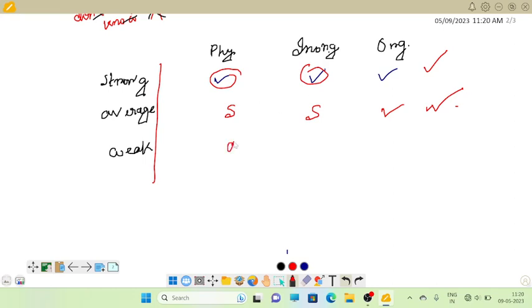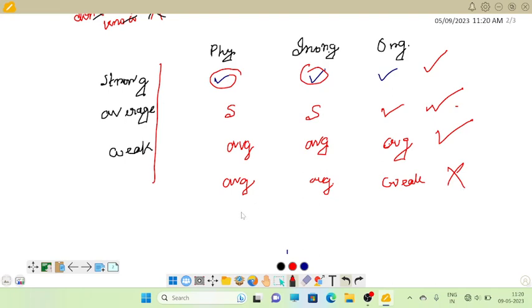If you are average in all three, still you qualify. But the problem will be when any two are average and one is weak, then you can't qualify.